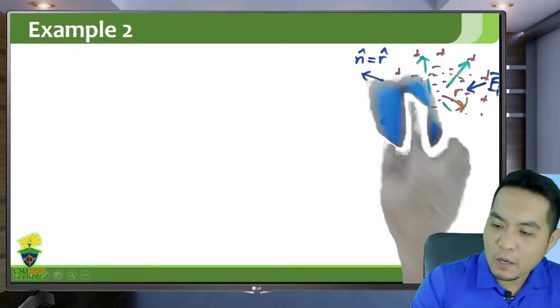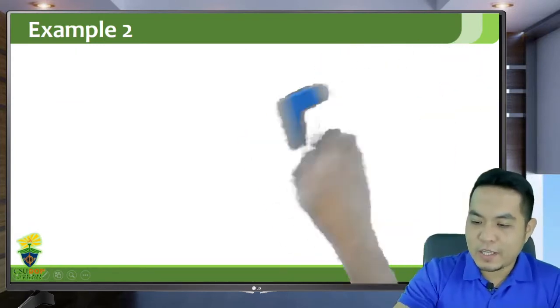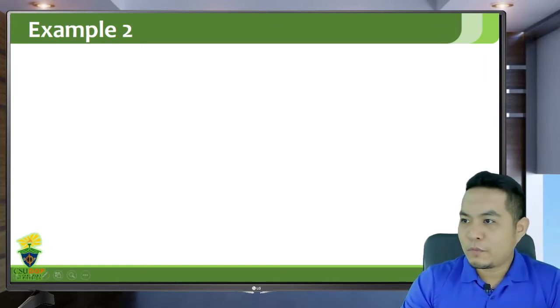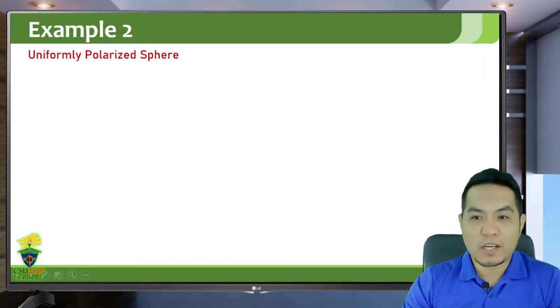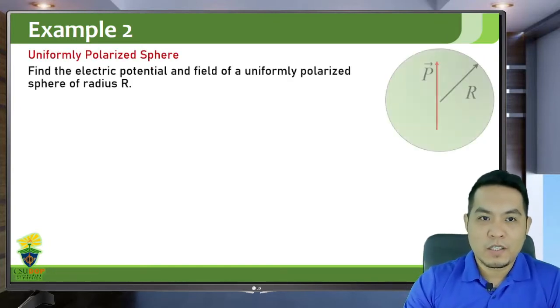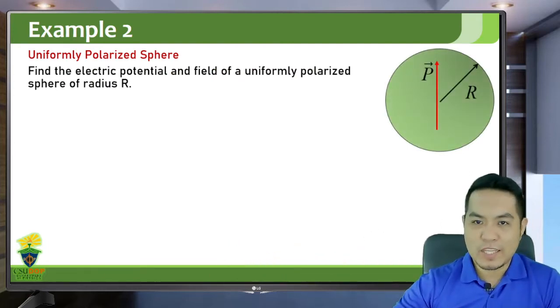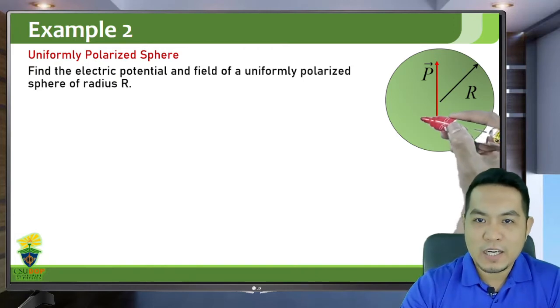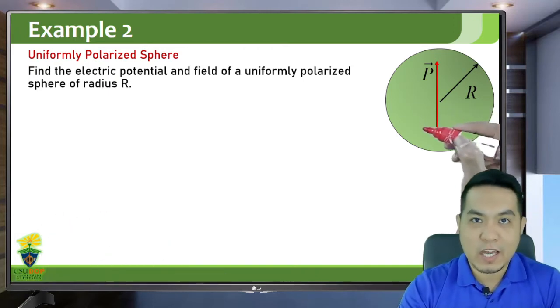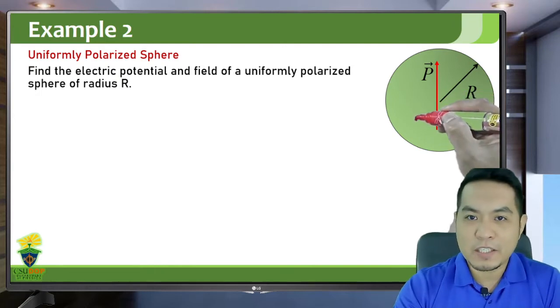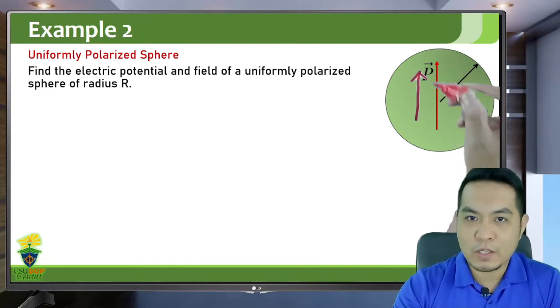Okay, let's now go to the second example for this lesson. For this example, we have a uniformly polarized sphere of radius R. So the polarization is uniform. This means that inside the sphere, unlike the previous example wherein the polarization is radial, the polarization is actually uniform.